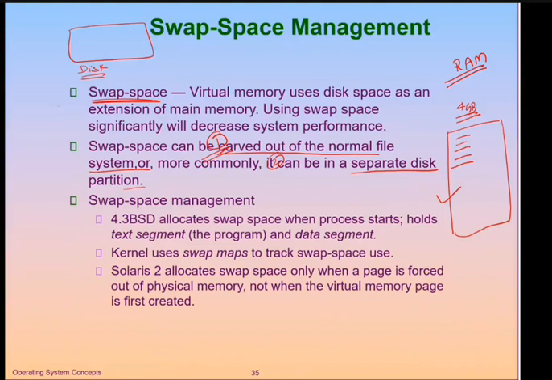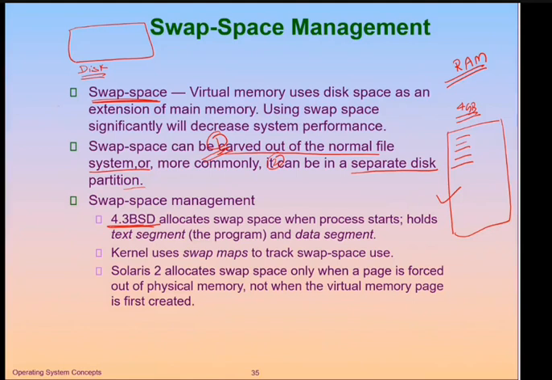There are a few examples, like 4.3 BSD. This particular version of Unix allocates swap space when a process starts. As soon as the process starts, it allocates swap space to that process, for each process. It doesn't matter whether it is forced out of the physical memory or not.